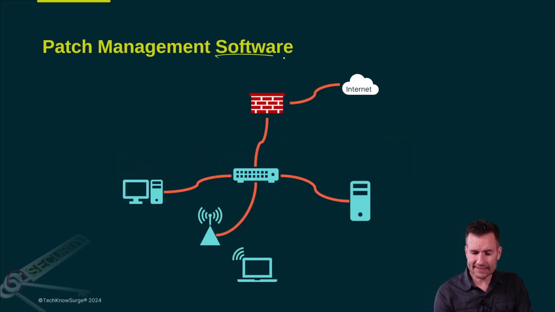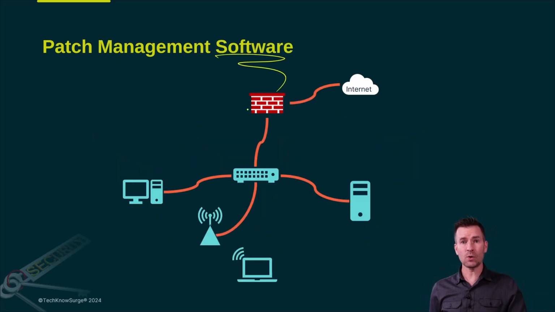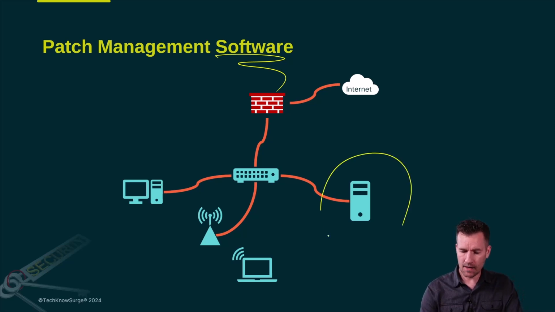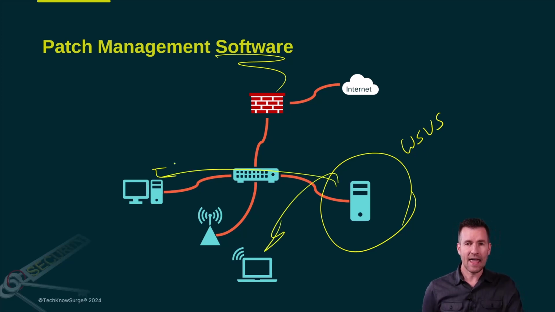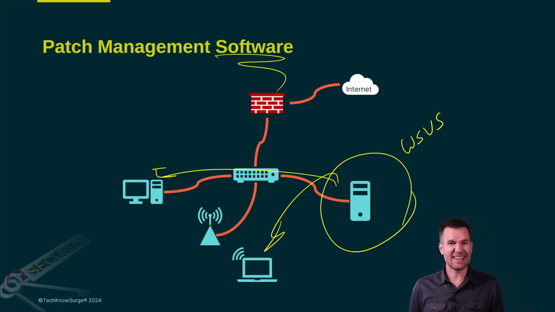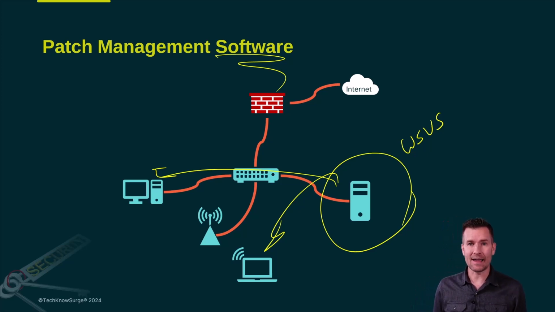Now, there is a lot of software out there that can really help you out with this process. At the very basic level, we have Windows WSUS services that can help deploy software and also do our audits and really streamline this whole process. So implementing something like this can really save you a lot of time and energy and help you do those audits.